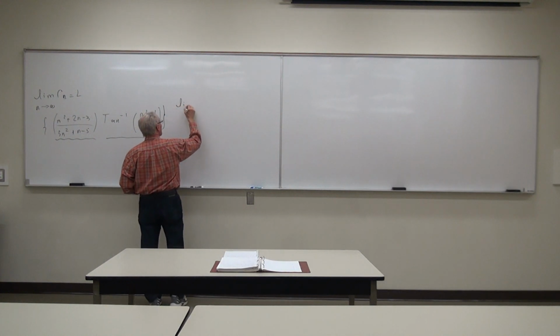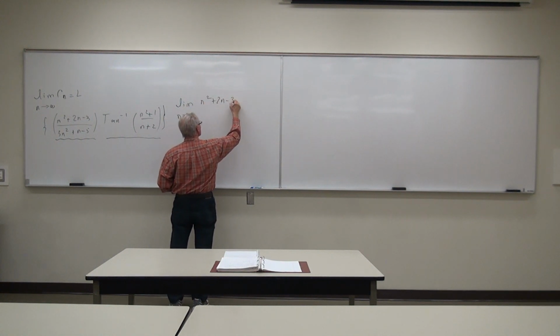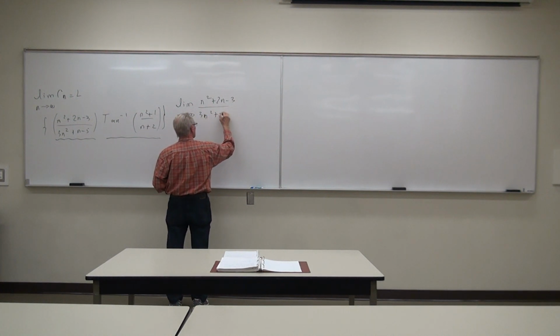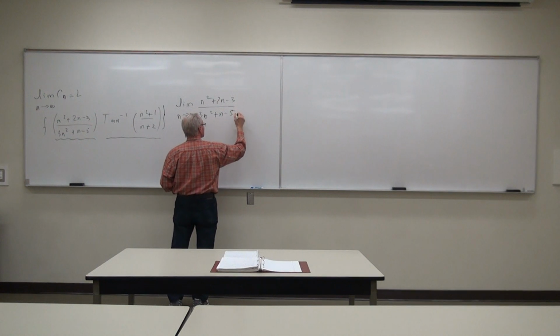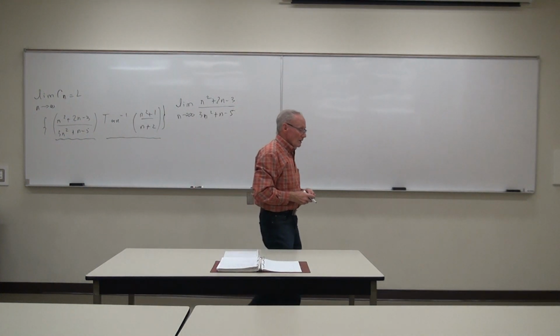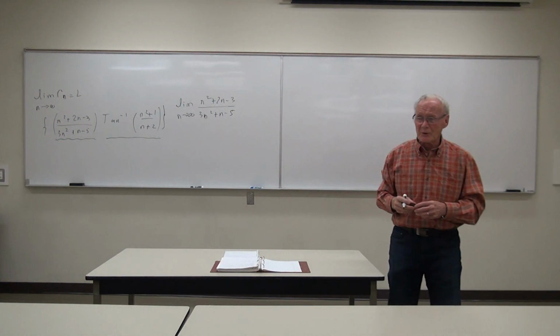The limit as n goes to infinity of n squared plus 3n minus 3 over 3n squared plus n minus 5. In first year calculus, you would have the same kind of limit, but it would be x going to infinity.